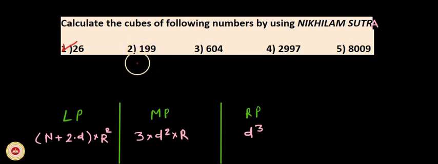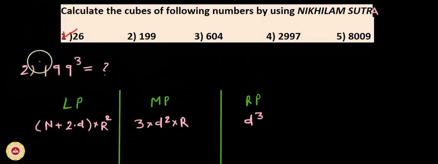Second example is 199. Let us calculate the cube of 199. So what is the nearest base for the given number 199? Clearly, this is the working base, and it is 200.